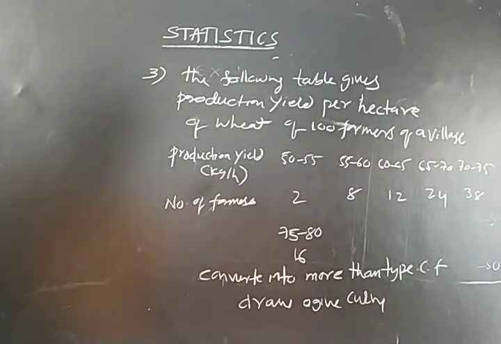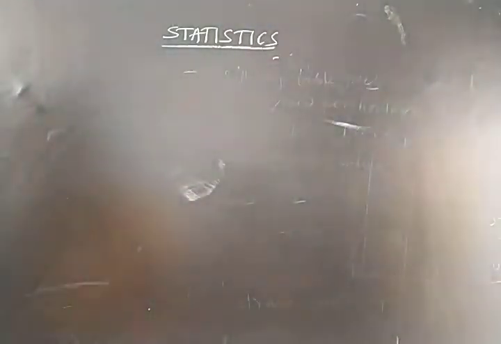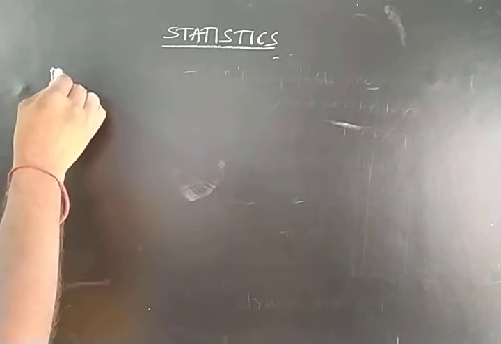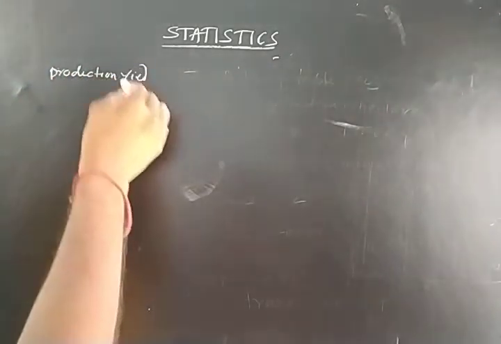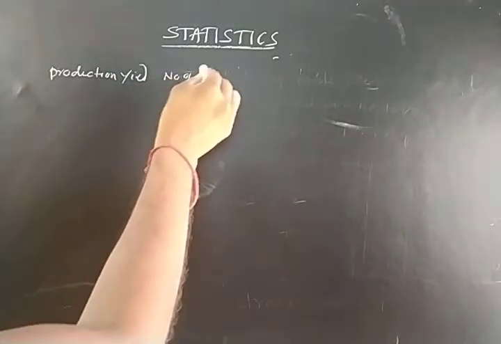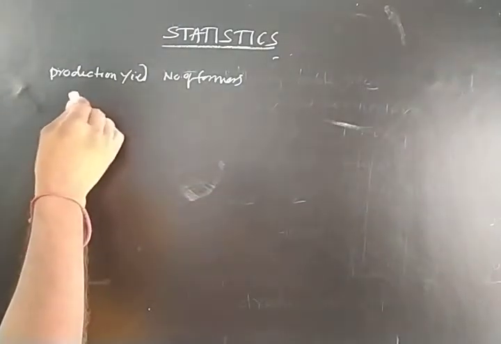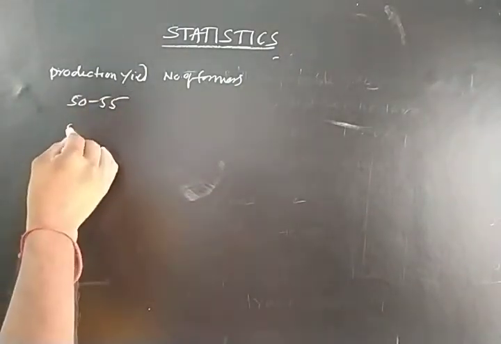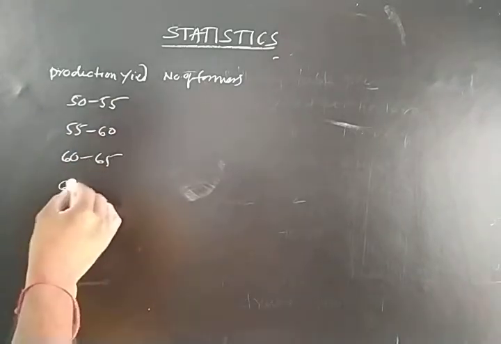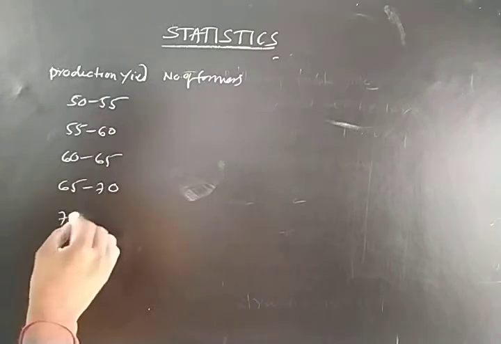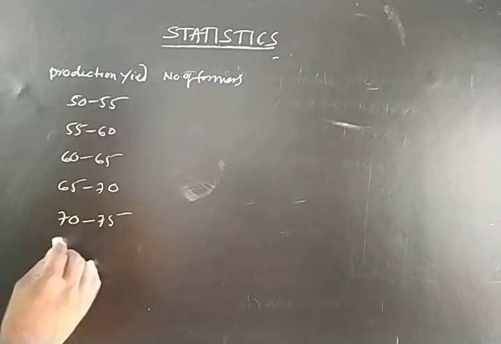Okay, right. Let me draw the table again. Here production yield, here number of farmers. 50 to 55, 55 to 60, 60 to 65, 65 to 70, 70 to 75, 75 to 80.